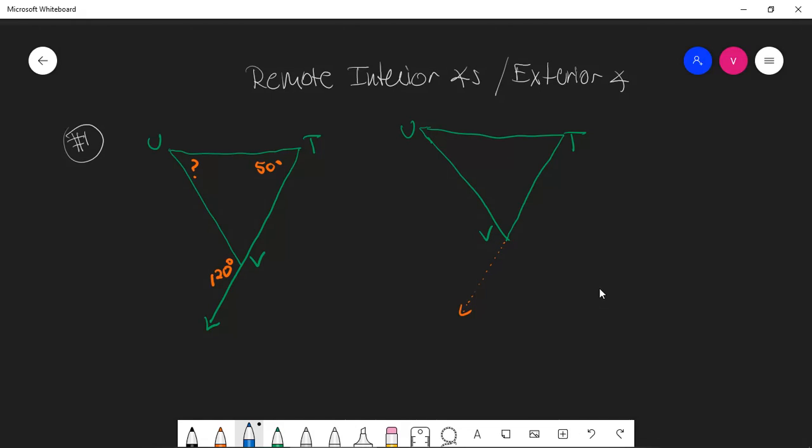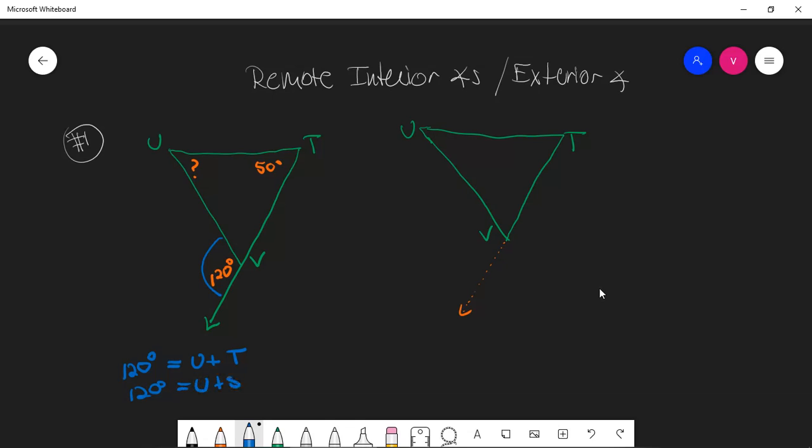So here's your exterior angle here. It's outside the triangle, right? So 120, the exterior angle, is equal to the 2 angles farthest away on the inside of the triangle, or U plus T.